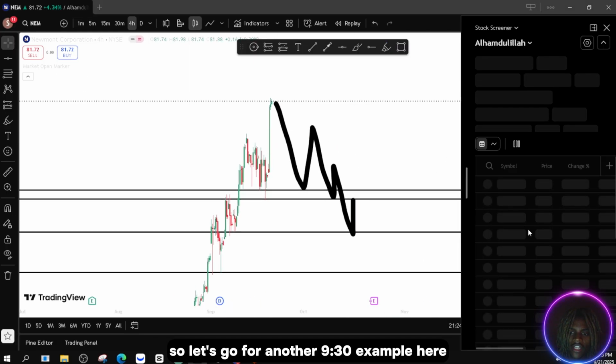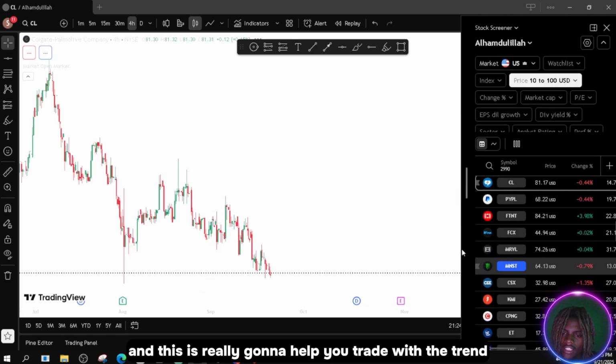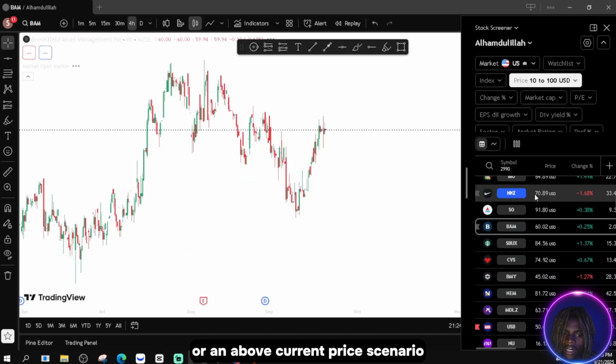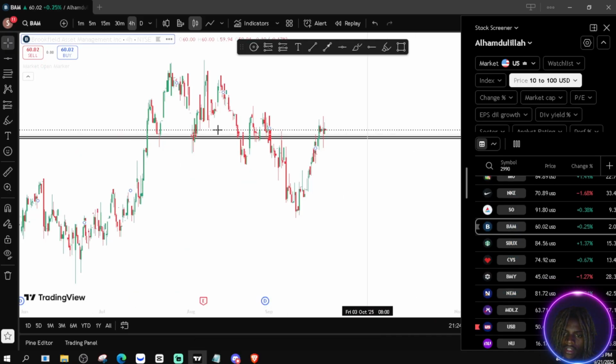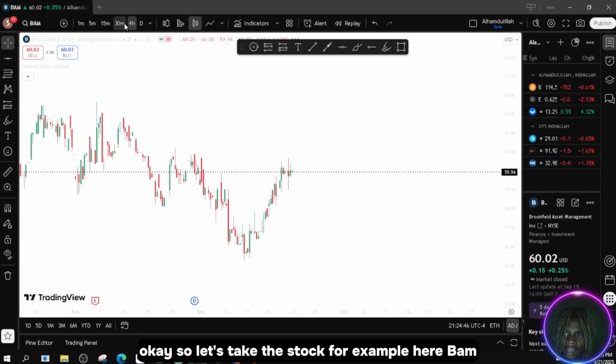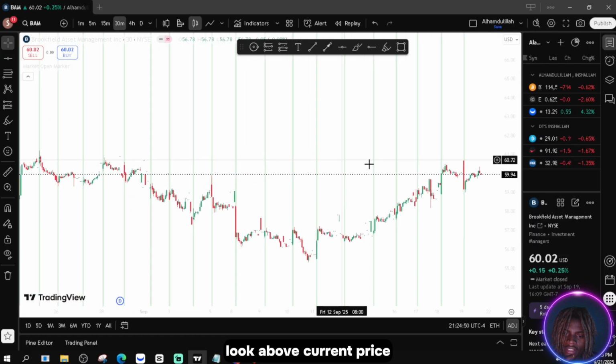Okay, so let's go over another 930 example here. And this is really going to help you trade with the trend, whether it is a pullback scenario or an above current price scenario. Okay, so let's take this stock for example here, bam. So I'll go to my 30-minute time frame, look above current price.